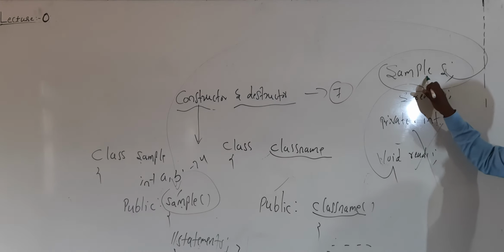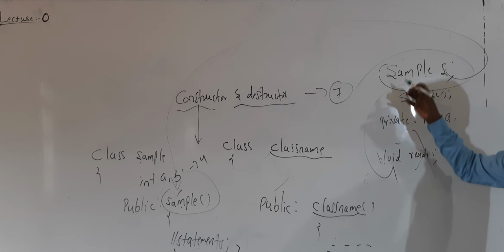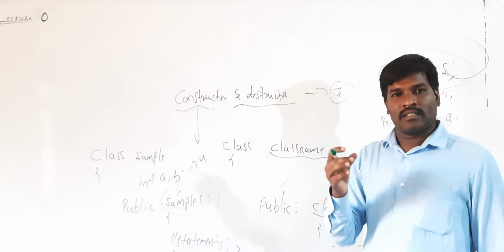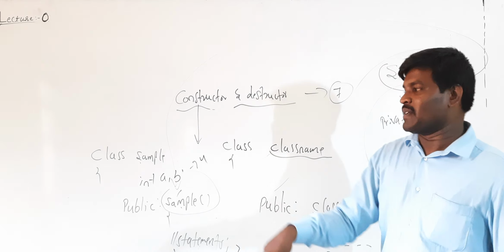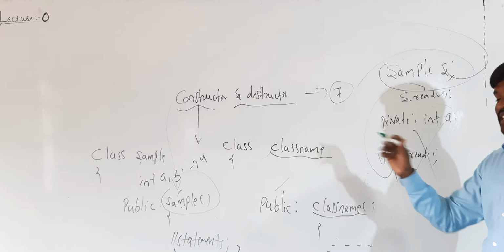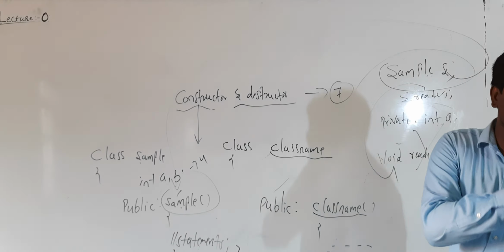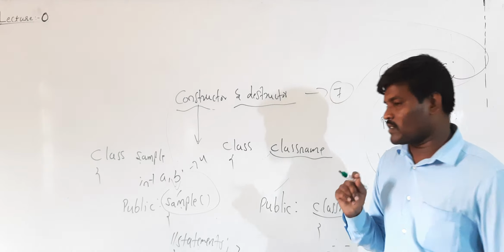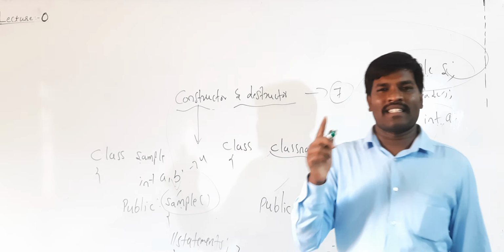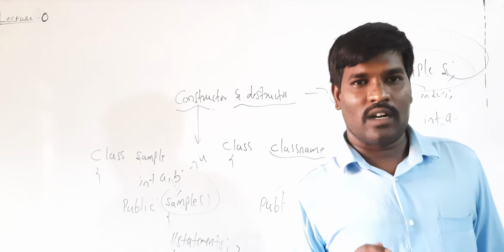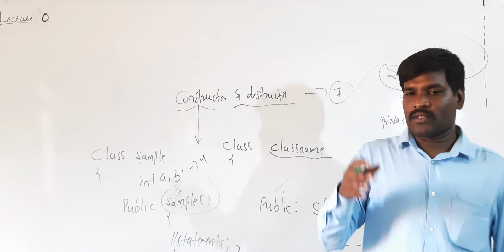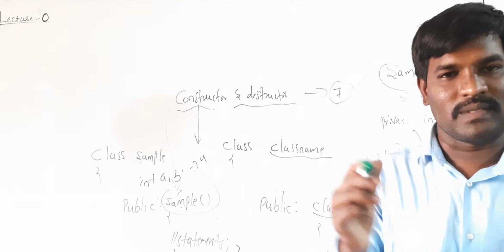If I create the object, the constructor will allocate the memory for the object variables, that is a and b. Suppose if I do not create the object, the constructor will not be called and the memory will not be allocated. In the object oriented concept I already told that where there is an object there will be a class, or if there is a class there will be an object. So compulsorily we can create the object.